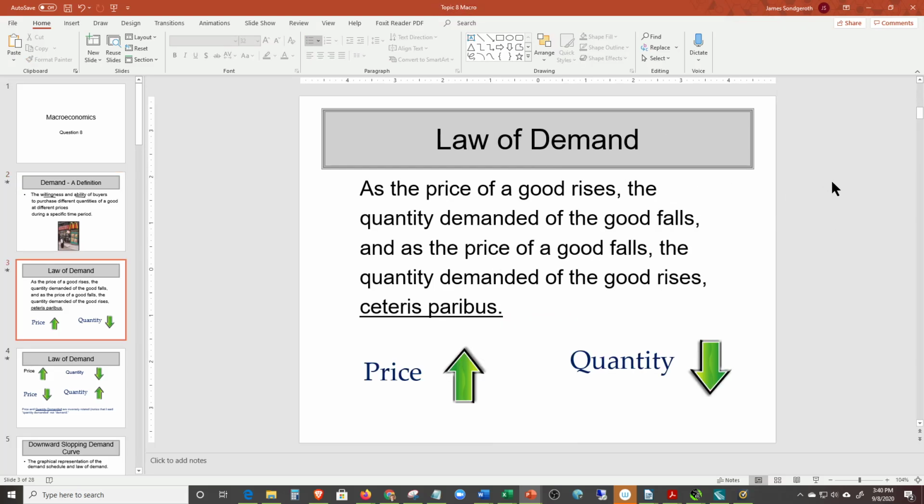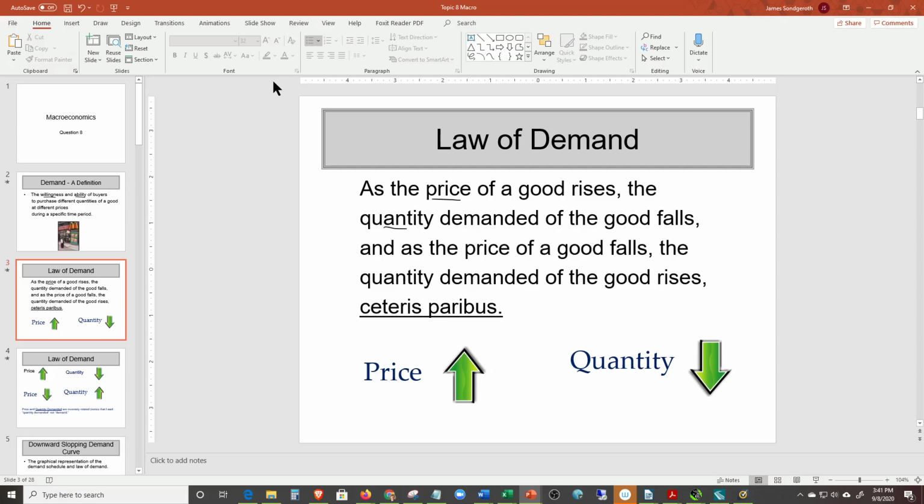So the law of demand then just relates two variables, the quantity demanded of a good and its price. So as the price of a good rises, the quantity demanded of a good falls, and as the price of a good falls, the quantity demanded of a good rises, ceteris paribus. So we'll be talking later on about what we mean by price, relative versus absolute.